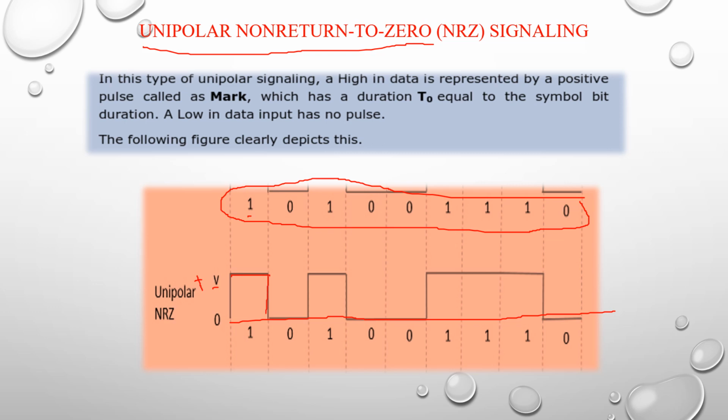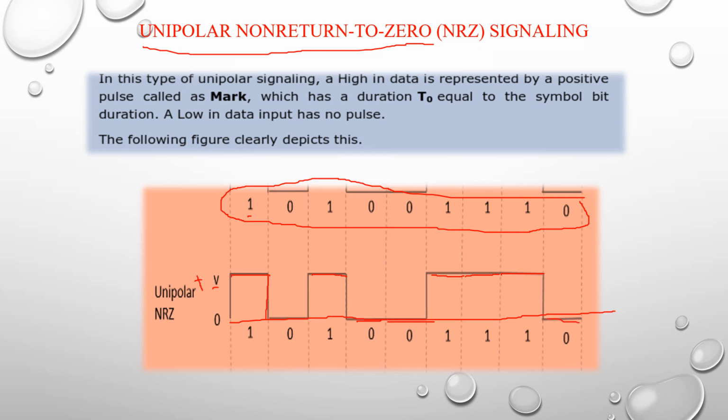Then you join this axis, and the second bit is 0. So 0 is equal to reference, and the next bit is 1. 1 is equal to the positive voltage level. Then 0, you retain as it is, and again 0, this is the zero line, and the next bit is 1. So this is the positive value, and the next bit is 1, and mark here, and the next bit is 1, positive voltage level, and the next bit is 0.